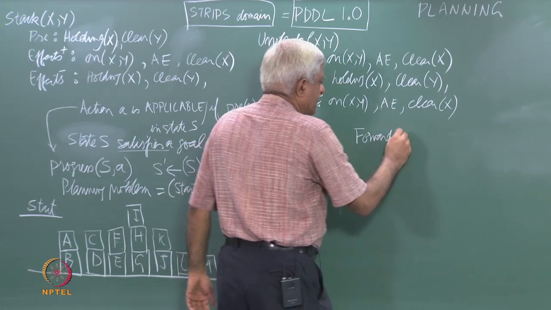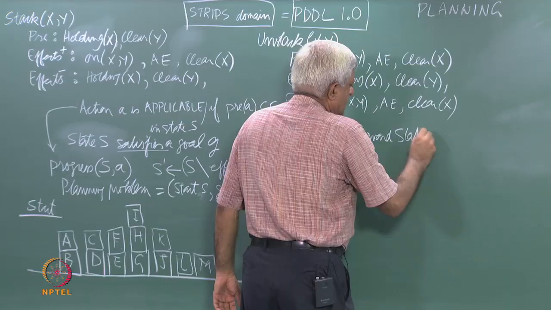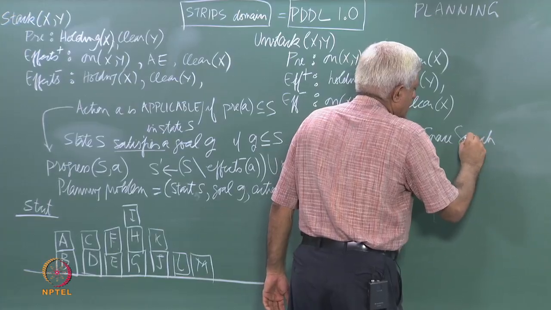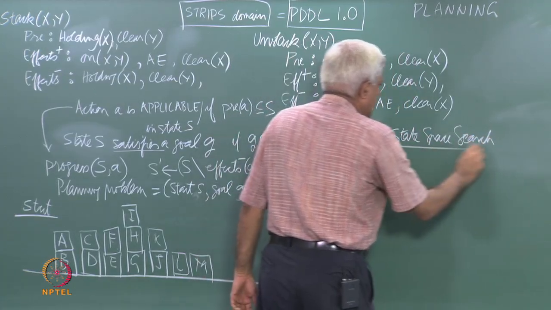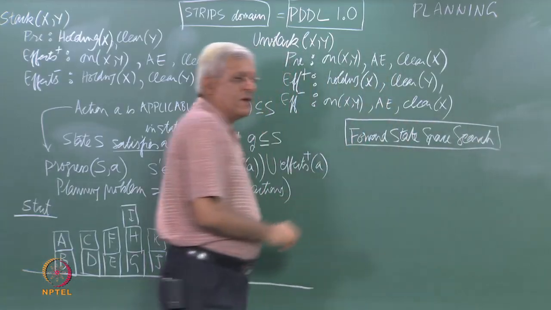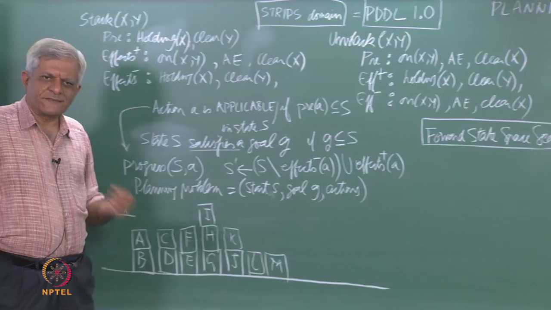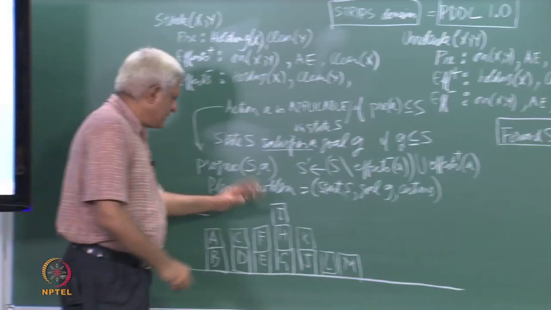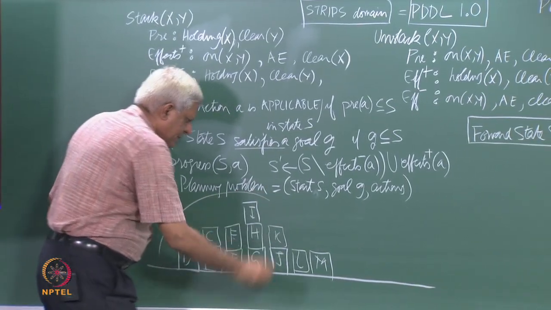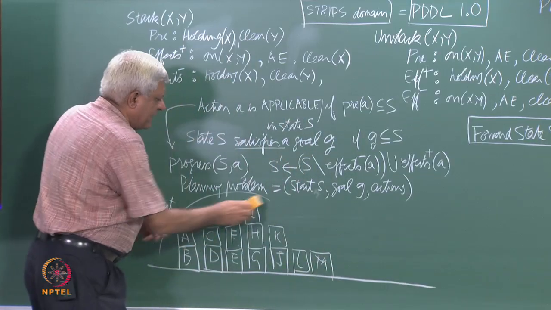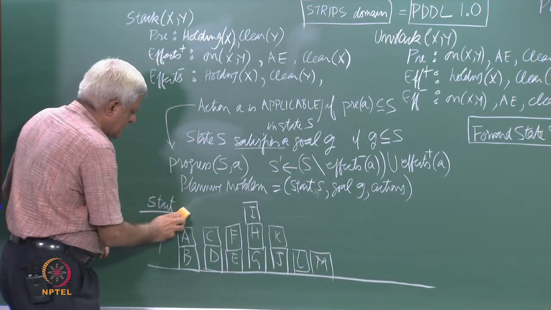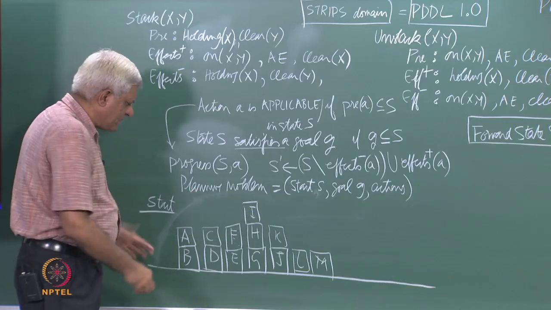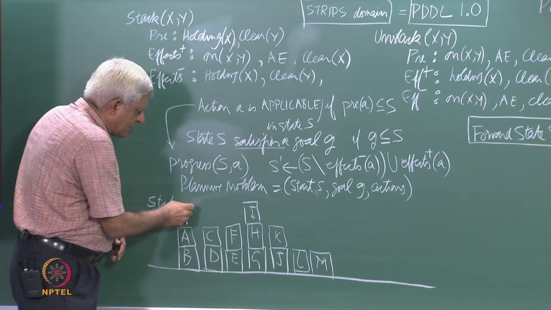because that is what we are familiar with. So, forward state space search progresses exactly like the state space search that we have been talking about so far: given this start state S, you can apply many actions. Instead of writing the actions, let me just depict them by using these arrows.